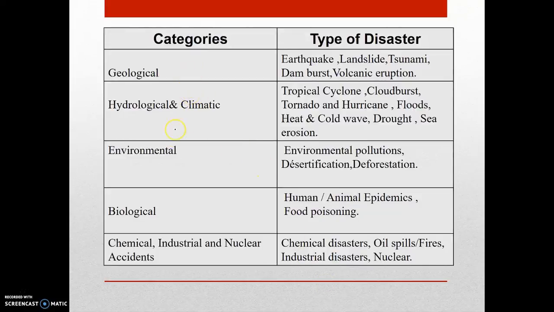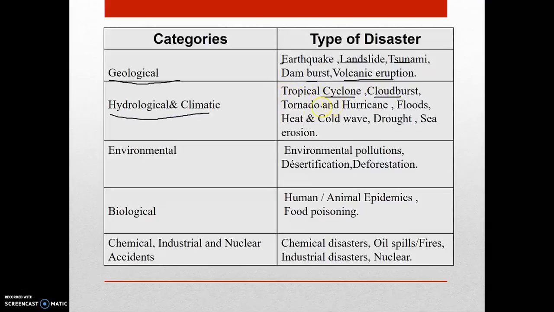So there are five categories. In each category, there are different types of disasters. The first one is the geological or geophysical category. In this category: earthquake, landslides, tsunamis, dam burst, volcanic eruption, etc. In hydrological and climatic, we have cyclones, cloudburst, tornado and hurricanes, floods, heat and cold waves, drought, sea erosion, etc. In the environmental category, we have environmental pollution, desertification, deforestation.